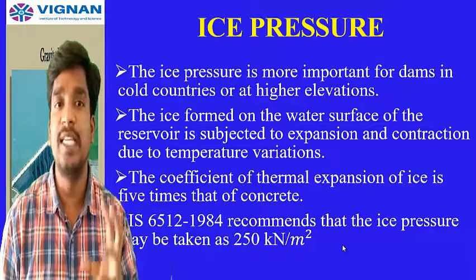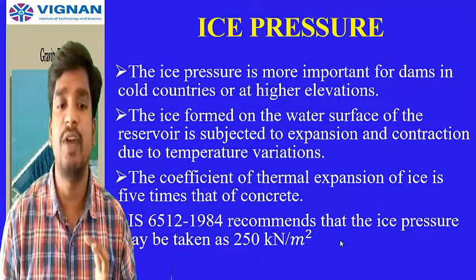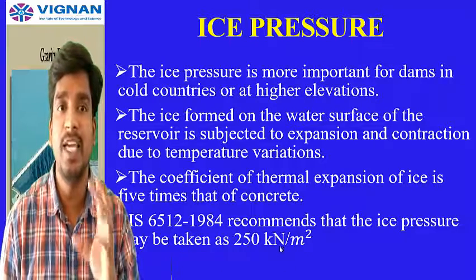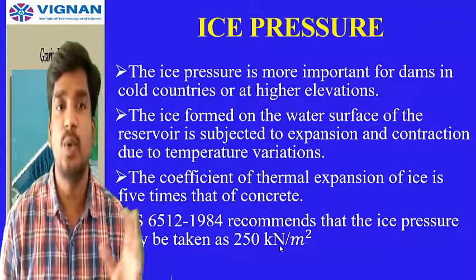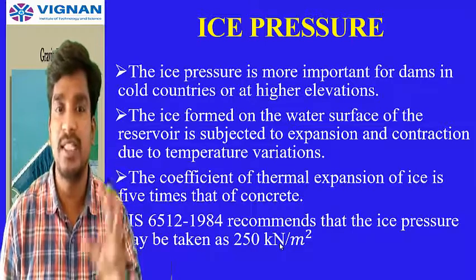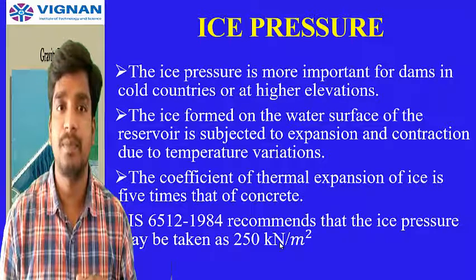That amount of load acts whenever you are constructing in cold countries, so this amount of weight should be added. This 250 kilonewtons per square meter load should be considered in the design as per IS 6512-1984. We have to consider this load at any cost in order to avoid failure of the dam.